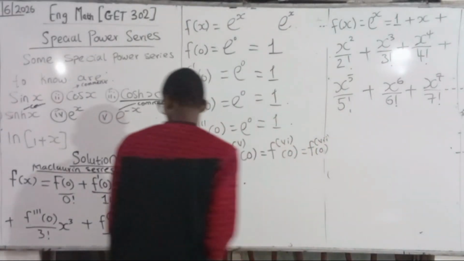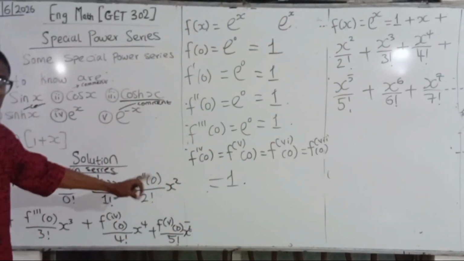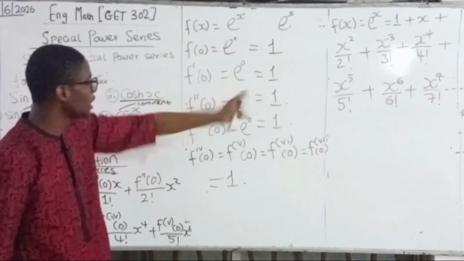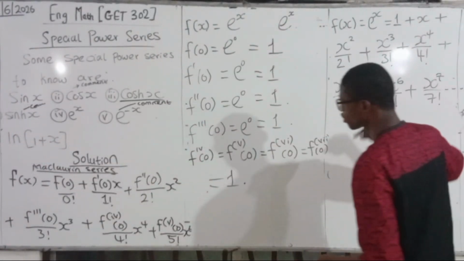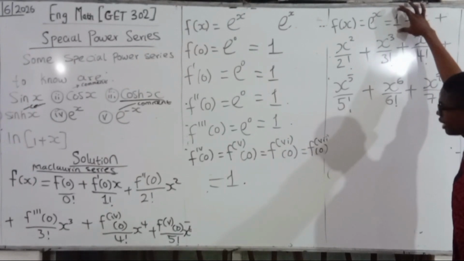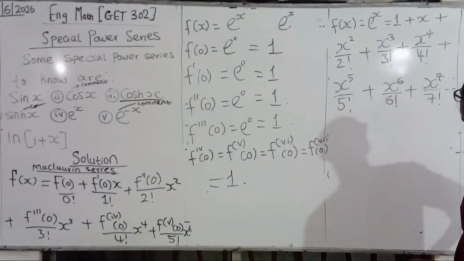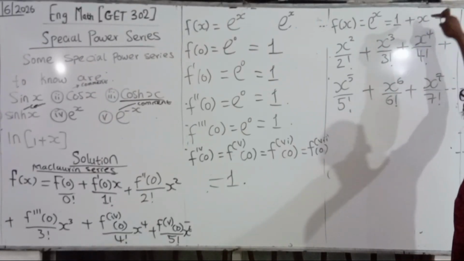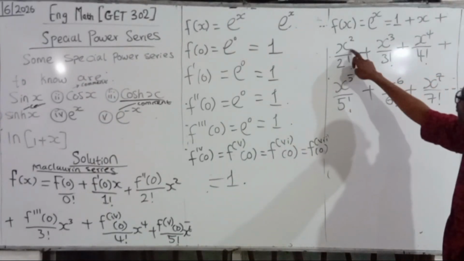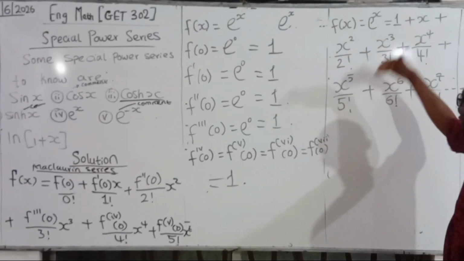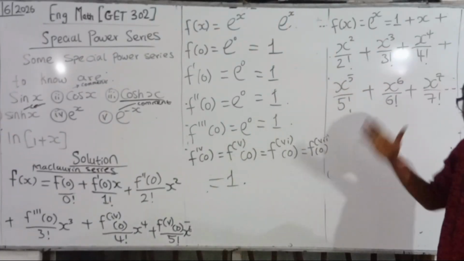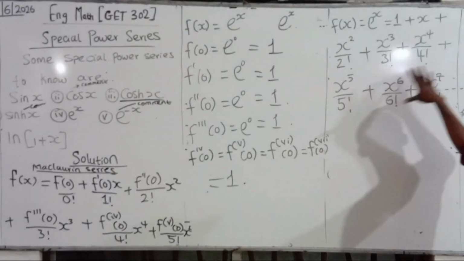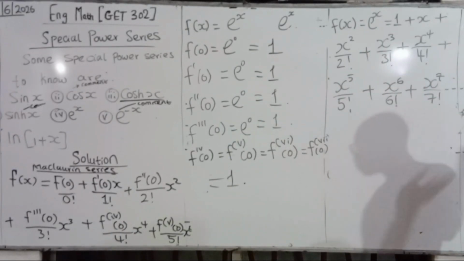So if you check it, you discover that the exponential does not eliminate any number, whether even or odd. The only thing is that it starts from the 1. Are you getting me? It starts from the 1 and it keeps going. It's just like saying the power of x here is 0, here is 1, here is 2, but it will keep dividing by the corresponding factorial, going that way till infinity.